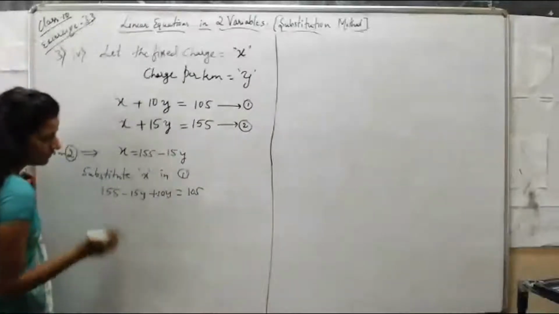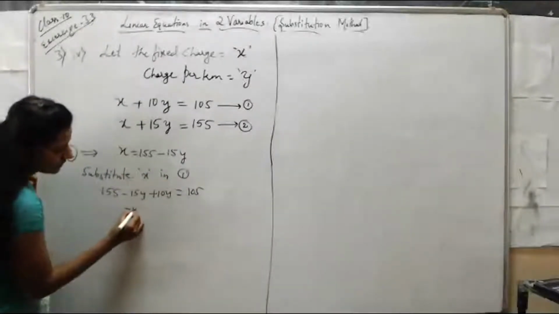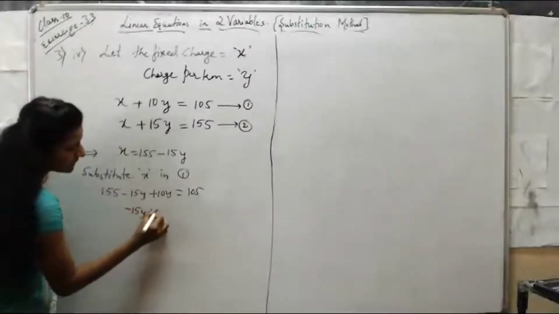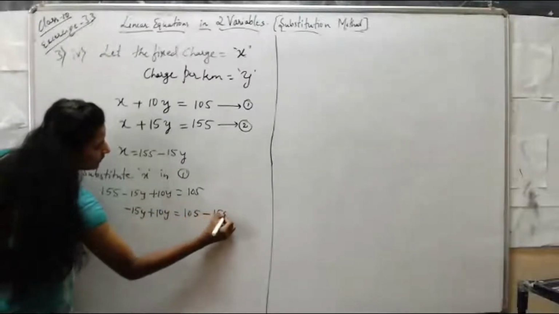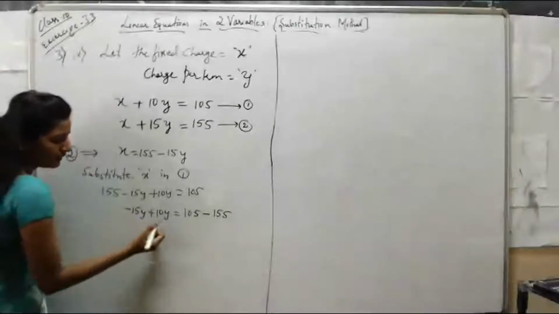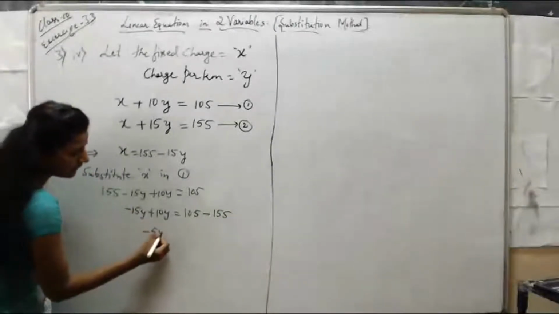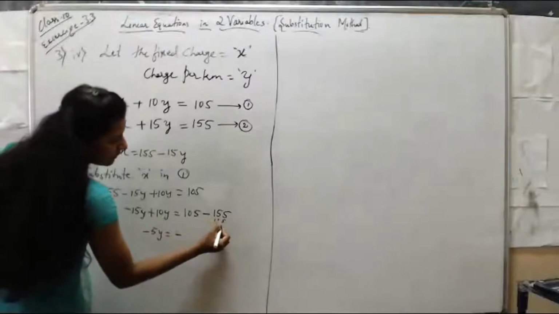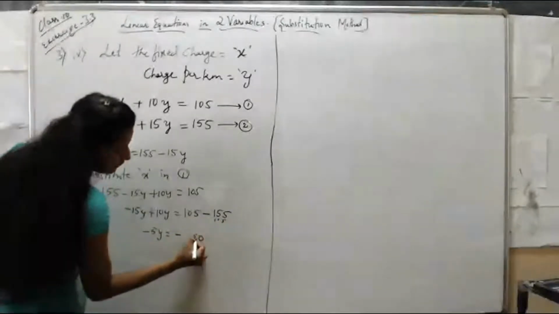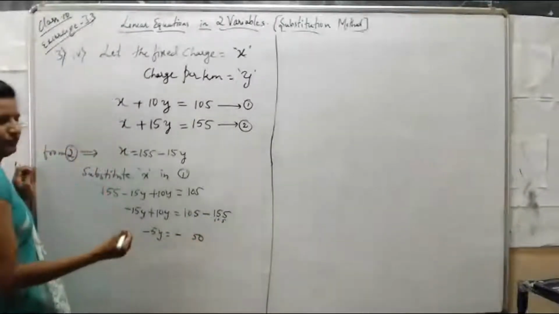155 goes to the right side: minus 15y plus 10y is equal to 105 minus 155. Minus 15y plus 10y is minus 5y, equal to minus 50.